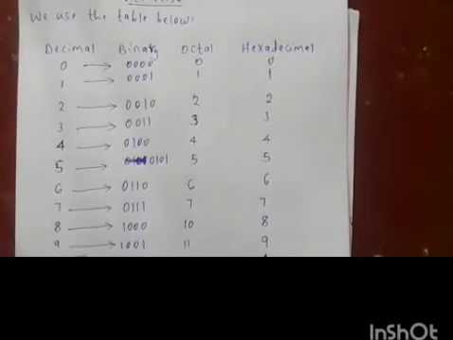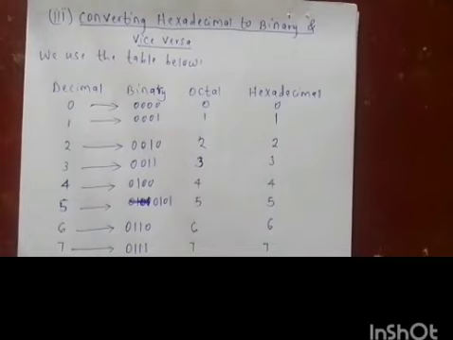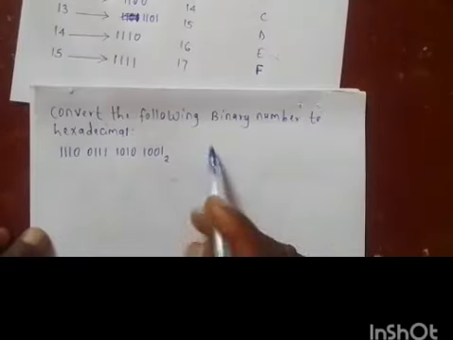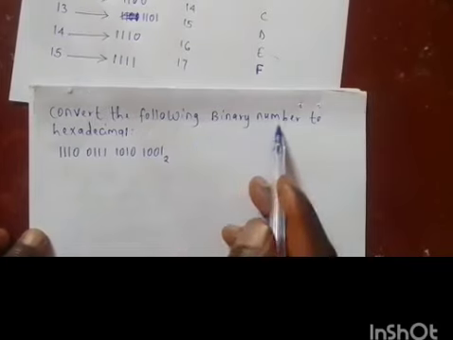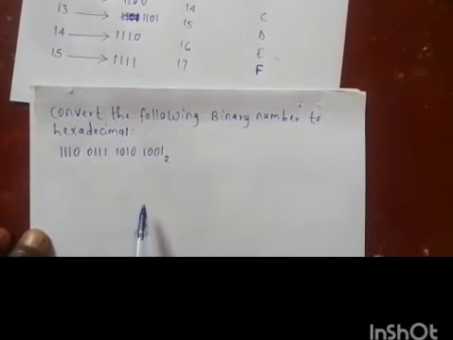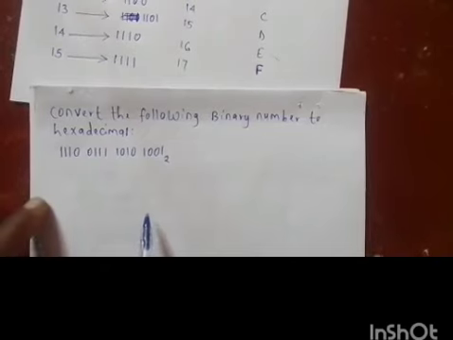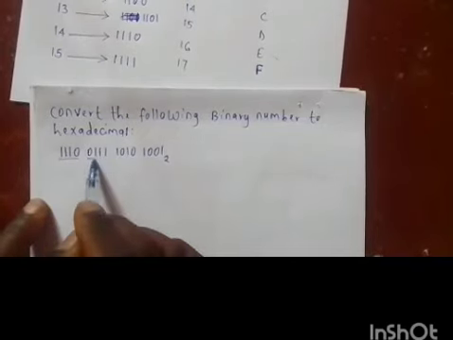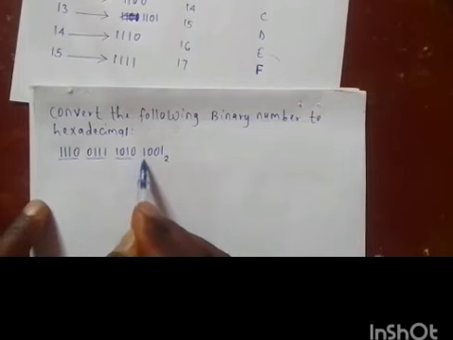So example, you are asked to convert the following binary number to hexadecimal. So here you take the group of binary digits, and so you find their values from the table.